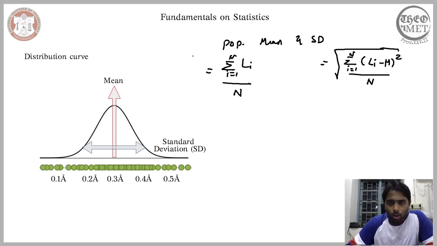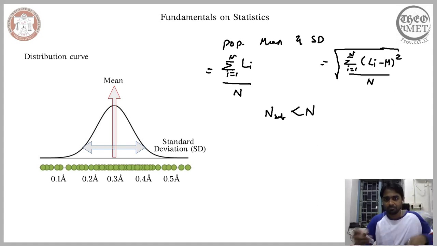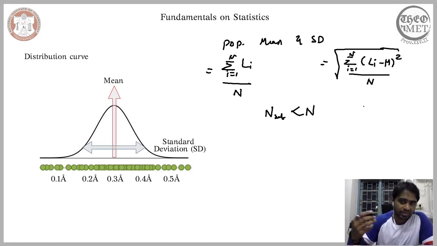Now often it will not be possible for us to measure the lattice parameter of all the alloys that are present. Often it will be the case that the n is different for different experimental conditions. In some cases, the n that we have with us, the subjective n, will be less than the one that we theoretically consider, or it can at times be greater.